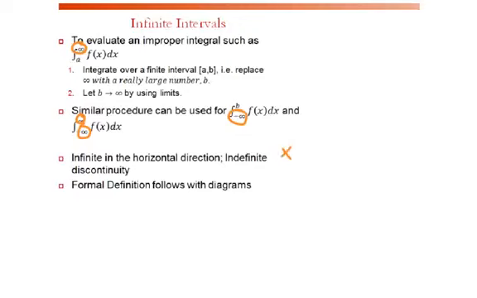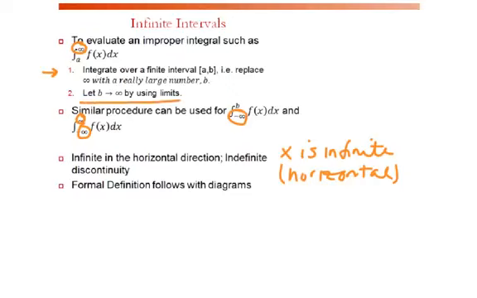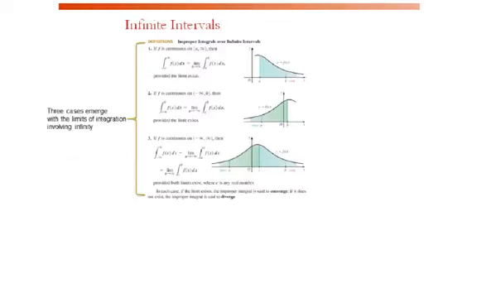So x is infinite, and that's the horizontal direction. So how are we going to go about working with these? Well, we're going to integrate over a finite interval. We're going to replace the infinite limit of integration with a finite interval, and then we're going to look at the limit as it approaches that infinite point. So let's get specific with some cases, and then we'll do an example.